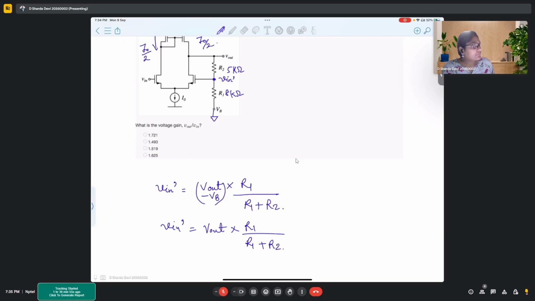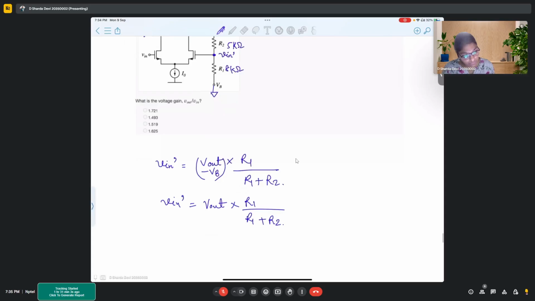So V out by V in dash is R1 plus R2 by R1, that is 1 plus R2 by R1.